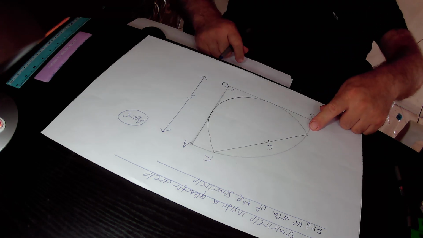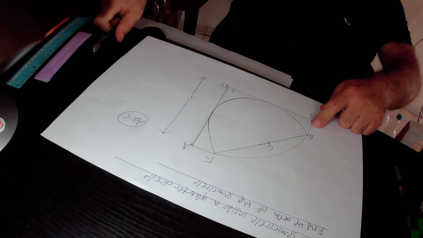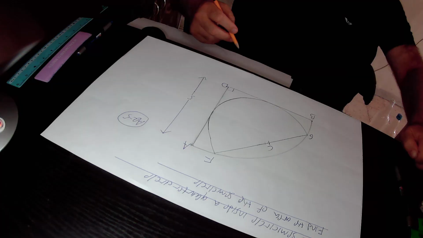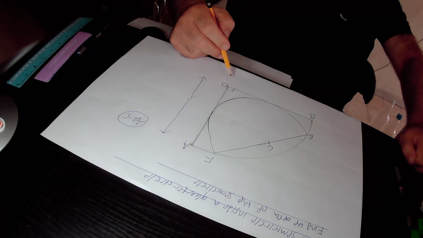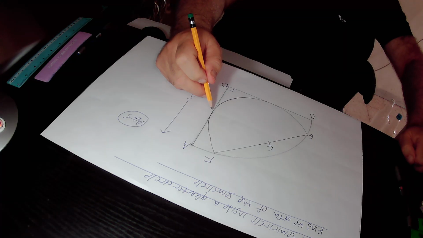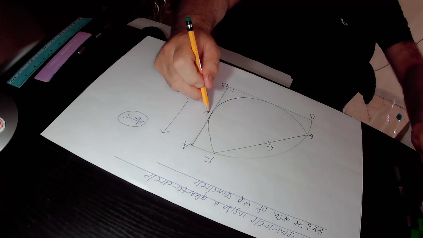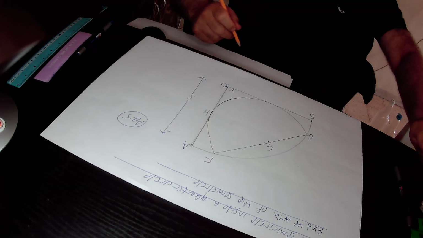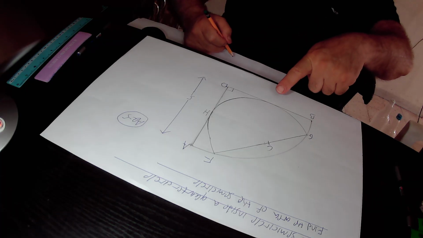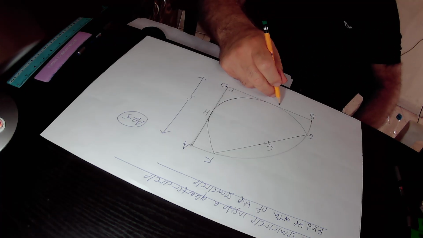This point is point G. Likewise, we will find the point of tangency of tangent AO with this semicircle. This point is point H. And finally, we will define the point of tangency of tangent BO with this semicircle. This point is point L.